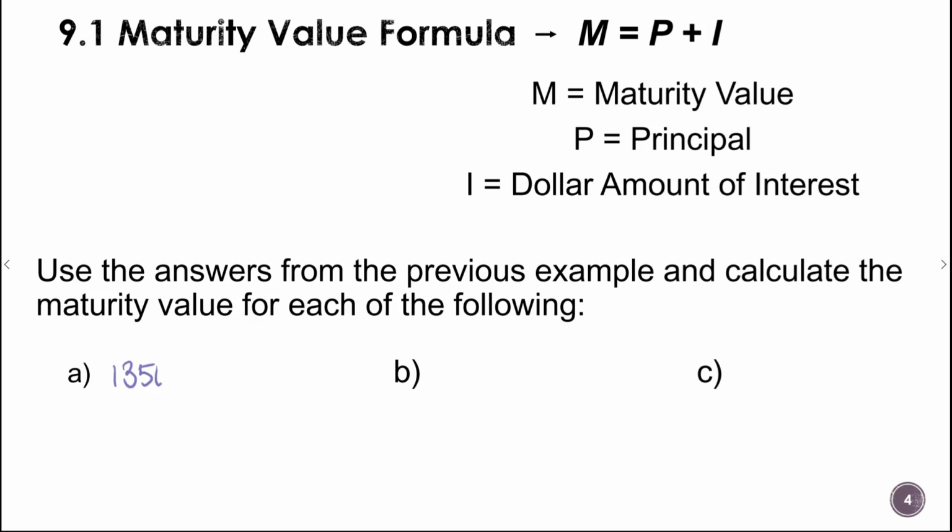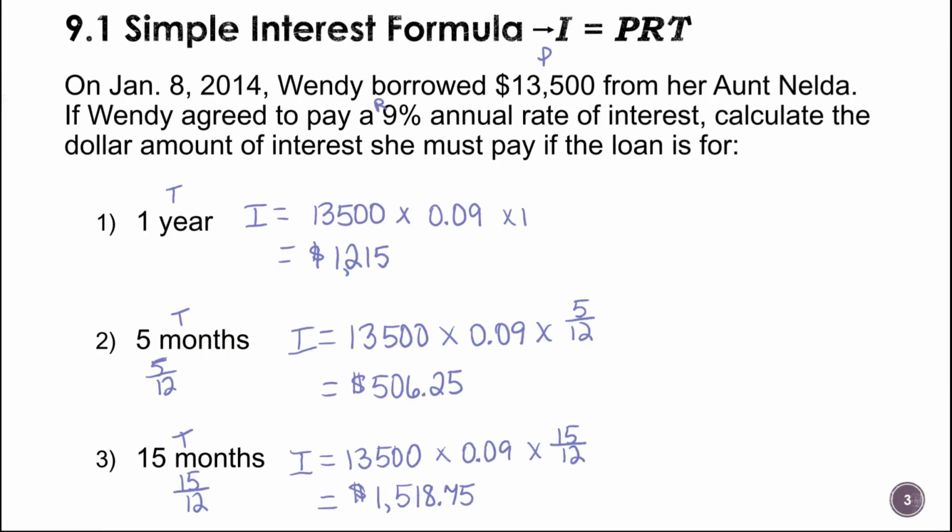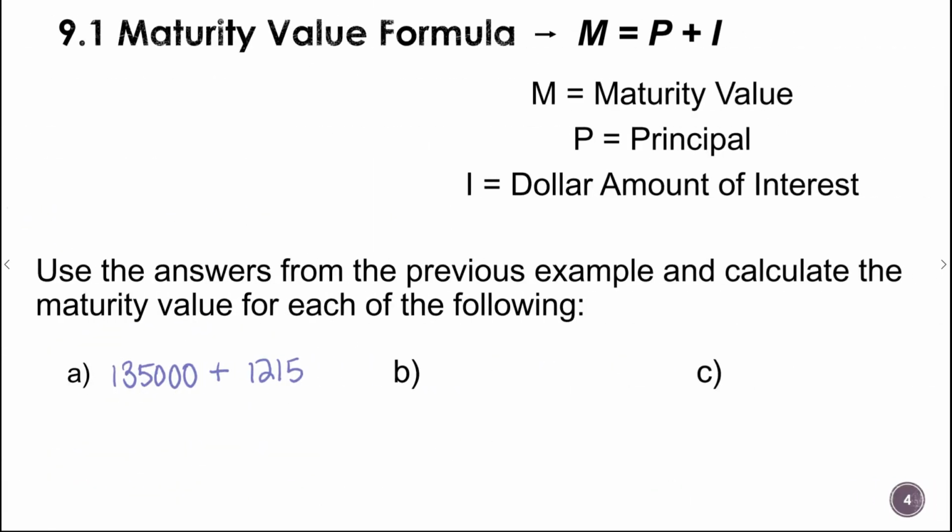So we're going to take $13,500 on each one and add the amount of interest. All right, this was part A on the previous slide, right? We got interest of 1,215. Maturity value for this first one would be $14,715.